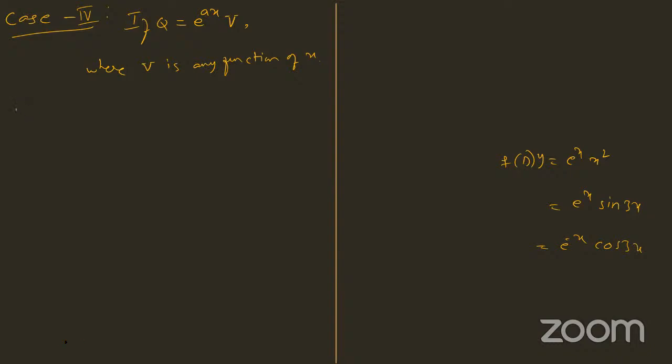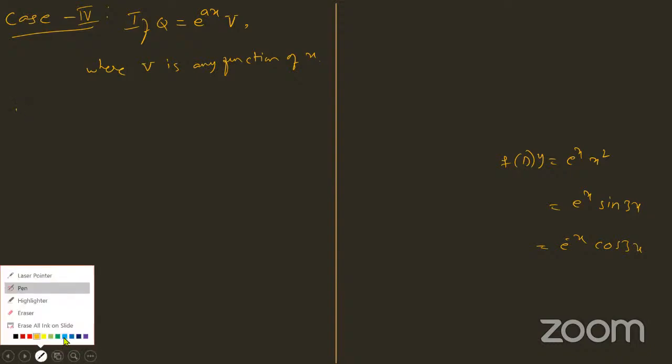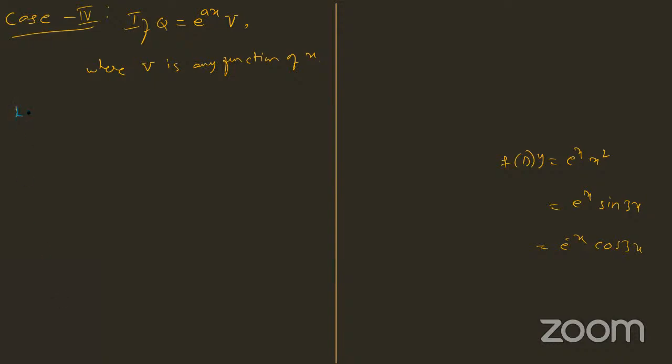Now, so here you are. So this is your differential equation. Left f of d into y is equal to e to the power of ax into v on the right hand side. Now, because of this, we write the particular integral as follows.